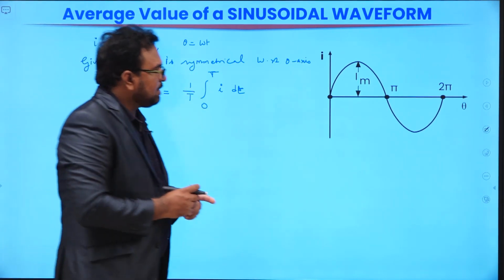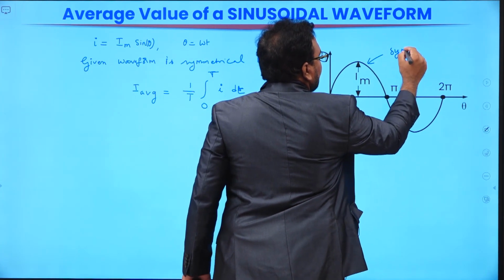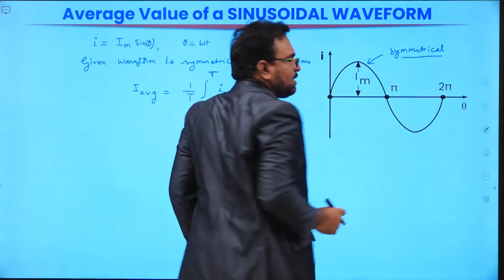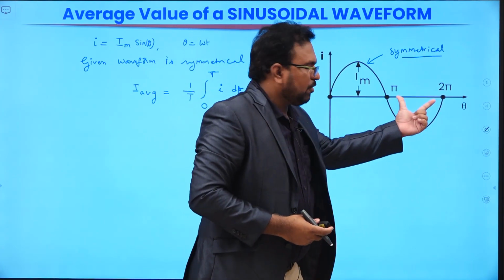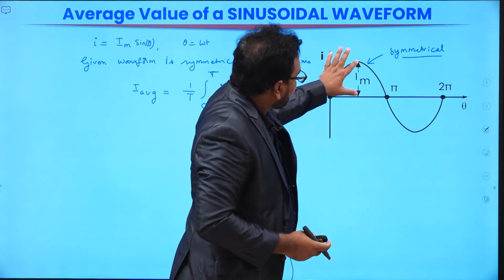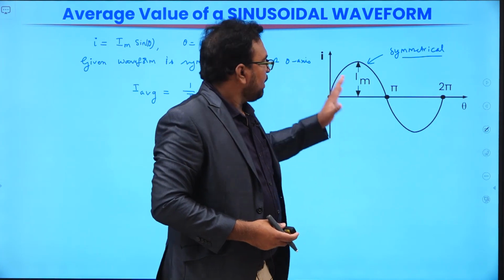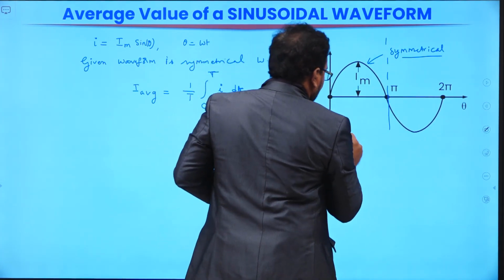Since it is a symmetrical waveform, how have we identified it as symmetrical? The length of the positive half as well as the negative half is the same. The magnitude of the positive half and negative half is the same but opposite in polarity. That's why it is symmetrical. So now we are going to calculate only for T by 2 period.